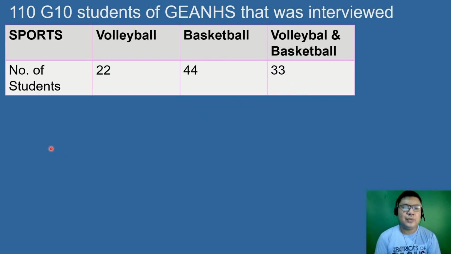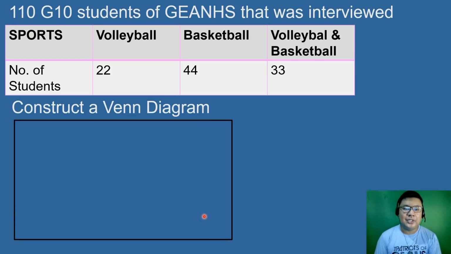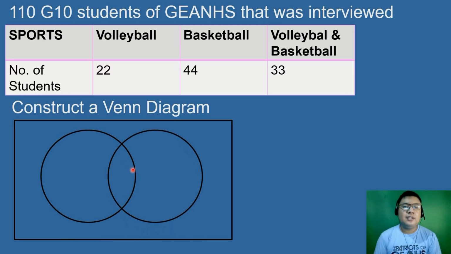The first thing we need to do to construct a Venn diagram is to sketch a rectangle here. And then after that, we will draw two circles. These two circles represent the two sports that the students will play. One for volleyball and one for basketball.